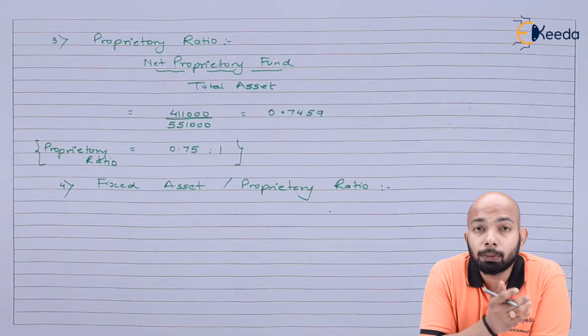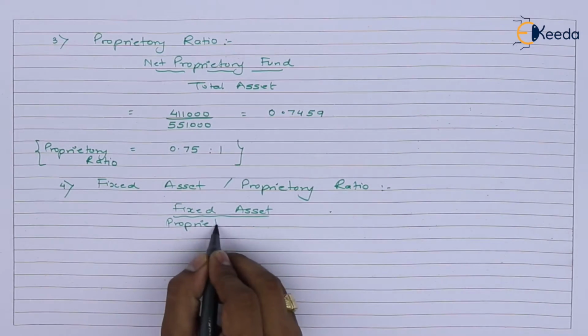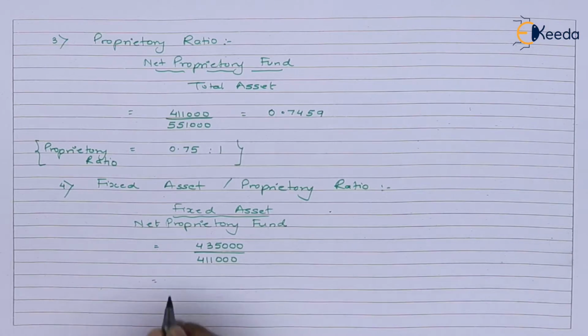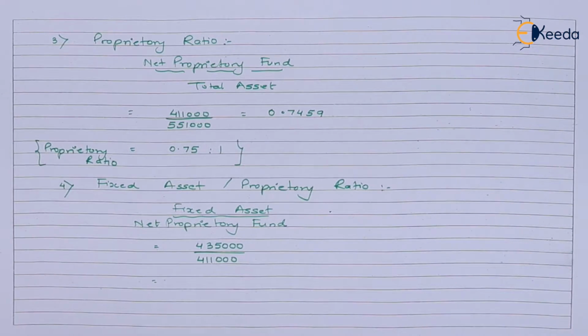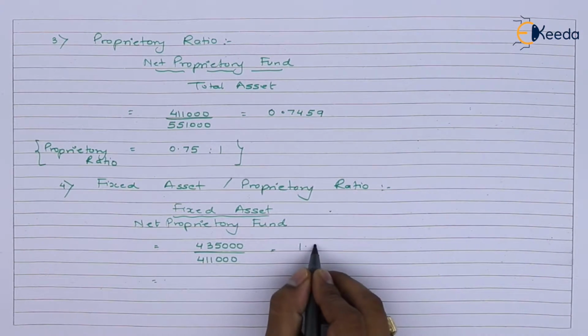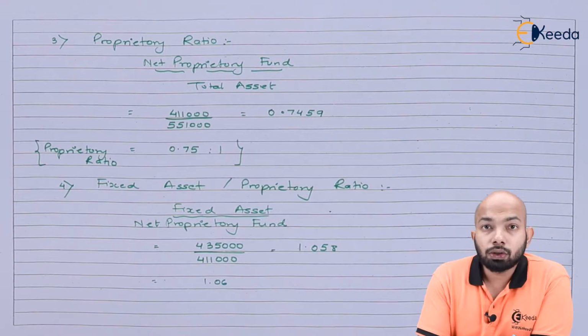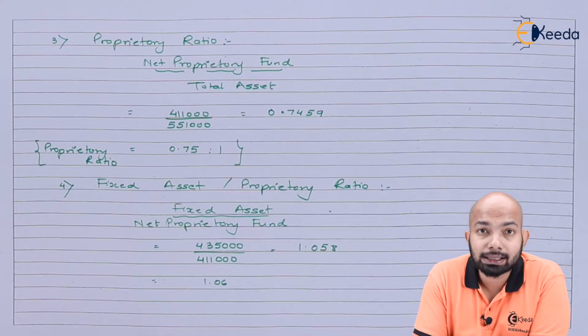That means fixed asset upon proprietary fund. So the values are 4,35,000 divided by 4,01,000. So the fixed asset to proprietary ratio is 1.06.